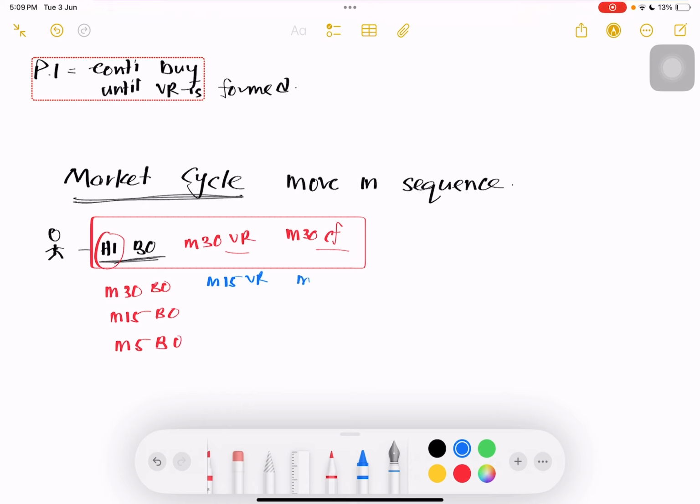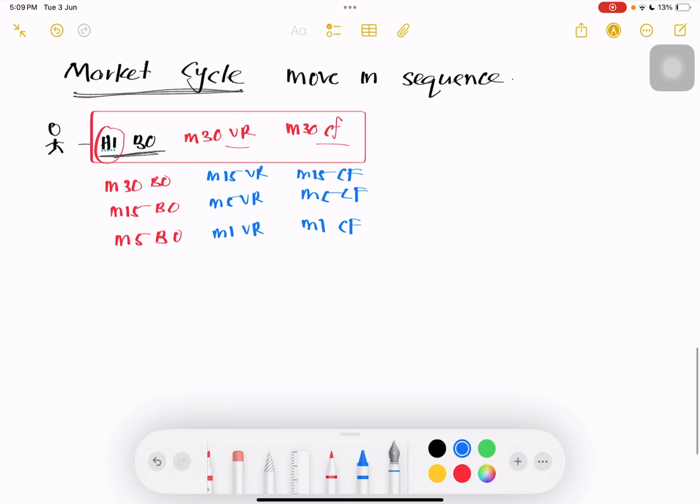M15 VR, M15 CF, M5 VR, M5 CF, M1 VR, M1 CF. Okay, so this is the cycle. Inside the H1 cycle, I will draw.